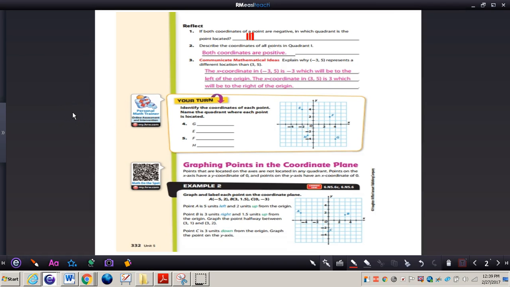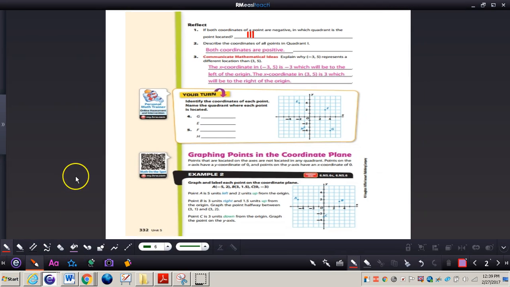Now let's take a look at 4 and 5. We'll do these together. So it says identify the coordinates of each point, name the quadrant where each point is located. So let's take a look at G. We need to find what this is. So we can see it's in the 4th quadrant, so that means it has to be positive along the x-axis. So we can see it's +4. So we'll write that as the first number in our ordered pair.